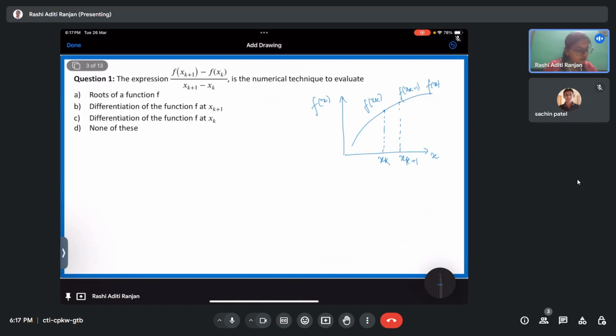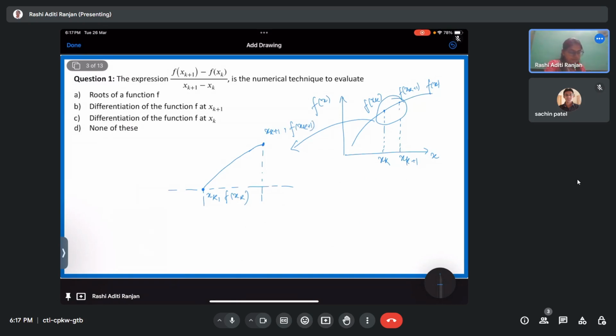Now if I draw an exaggerated view of this, something like this, if I make a line over here, this point is my xk, f of xk, and this point is my xk plus 1, f of xk plus 1.